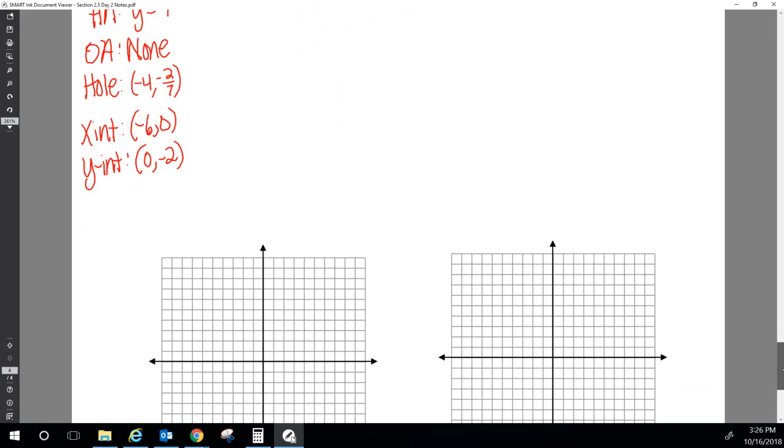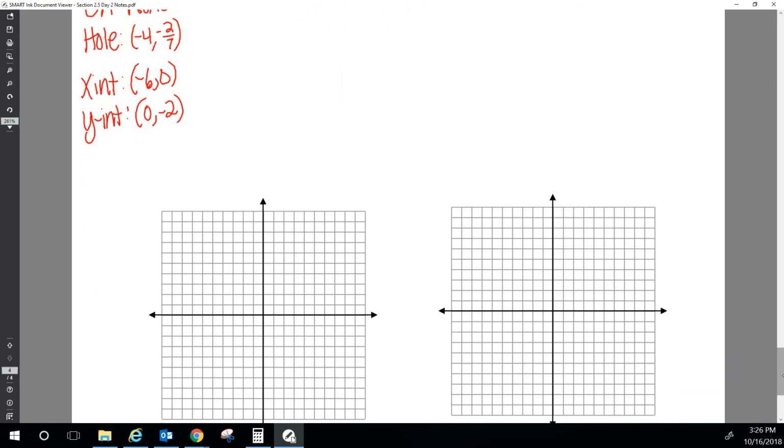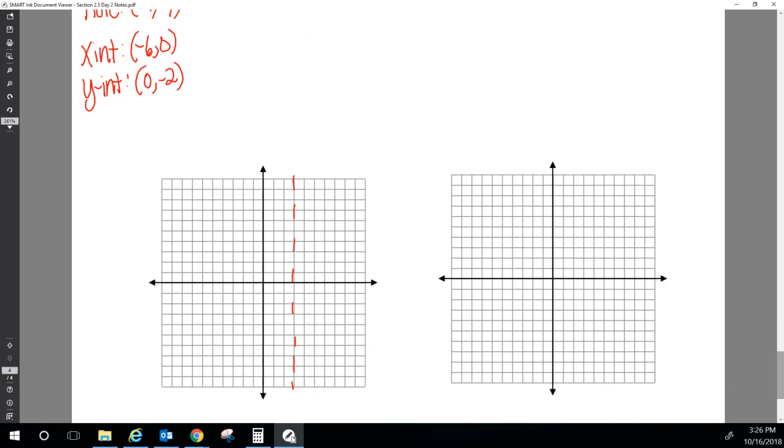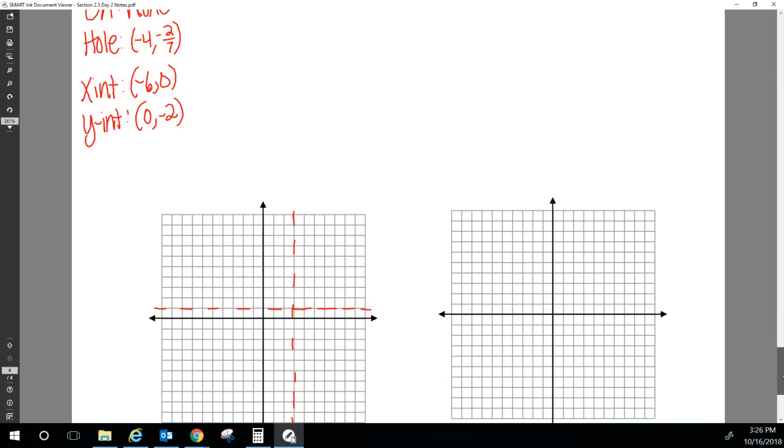We have a vertical asymptote at x equals 3. We have a horizontal asymptote, if I remember correctly, at y equals 1. We do not have an oblique asymptote. We've got a hole. We said at negative 4, negative 2/7.